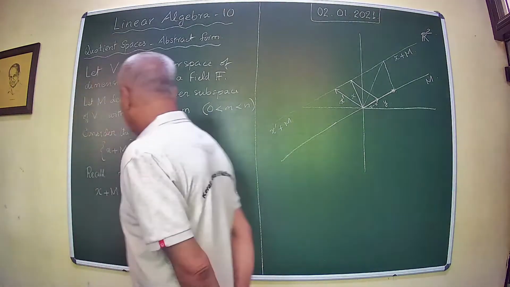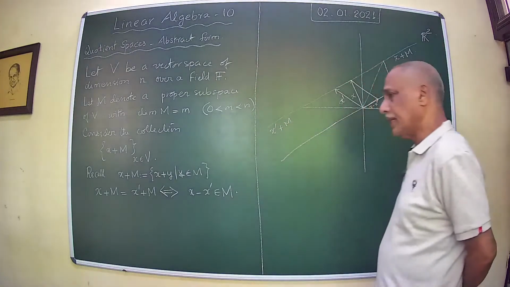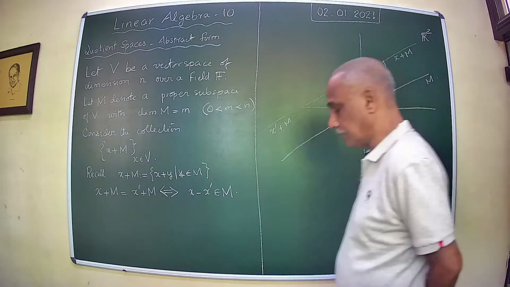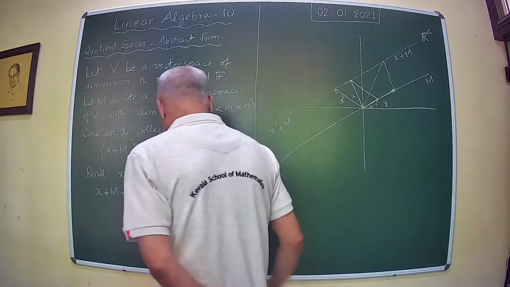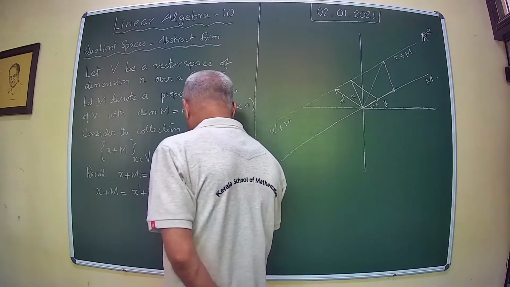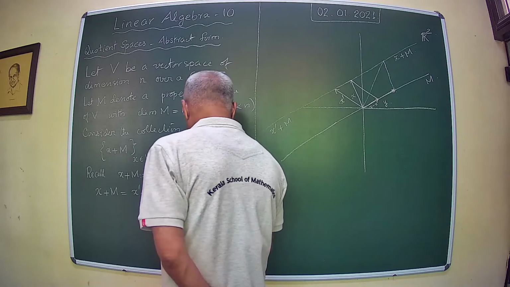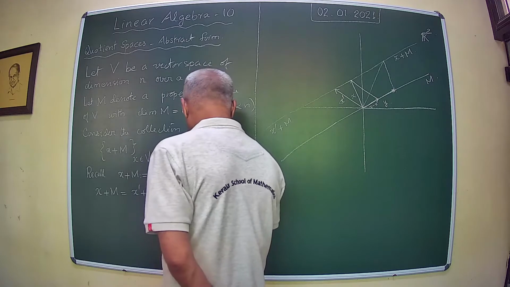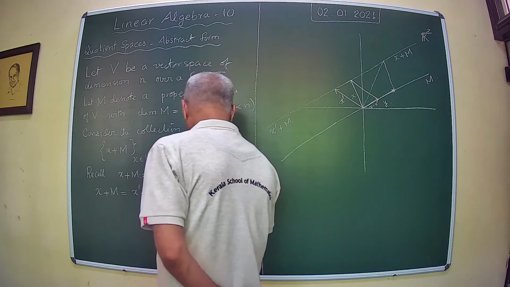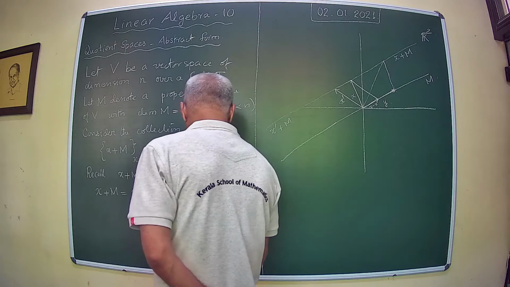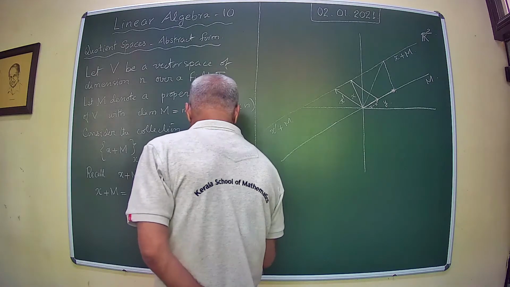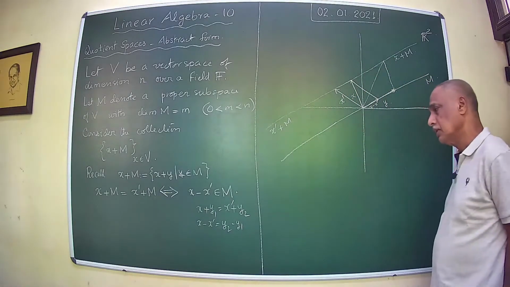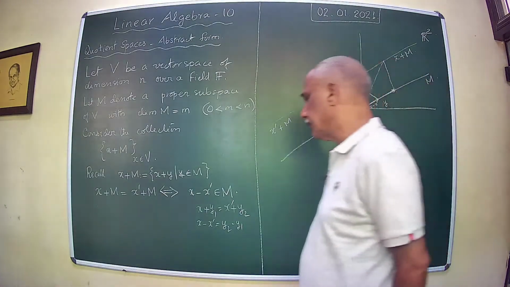Therefore y2 minus y1 belongs to M, which implies x minus x prime is in M.